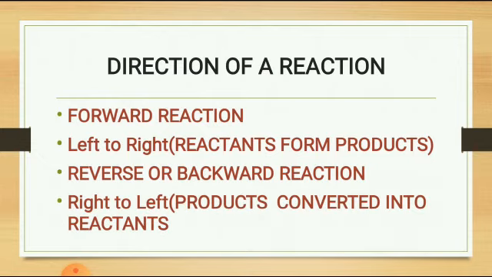Right to left, products will be converted back into the reactants. With the help of Kc, we can predict the direction of reaction. Maybe it is going toward forward side, means more product is formed, or backward side, means more reactant is formed.